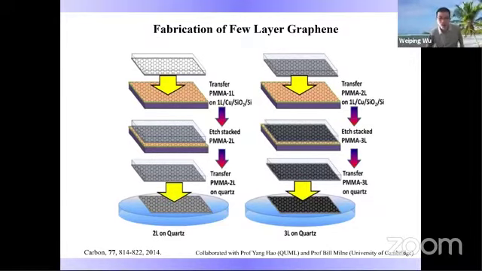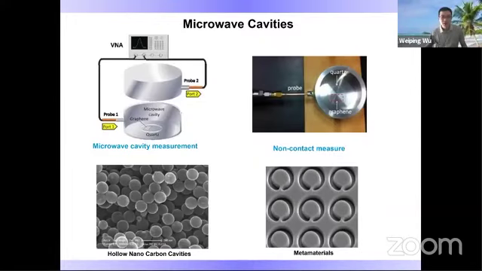I collaborated with Professor Yang Hao at Queen Mary University of London, and Professor Bill Milne, who was the head of the electronic division at Cambridge University, and built some very interesting samples for radio frequency applications and tested them using the microcavity measurement.